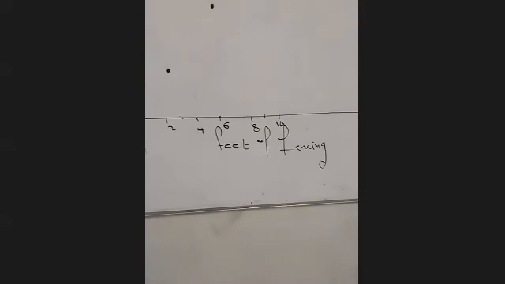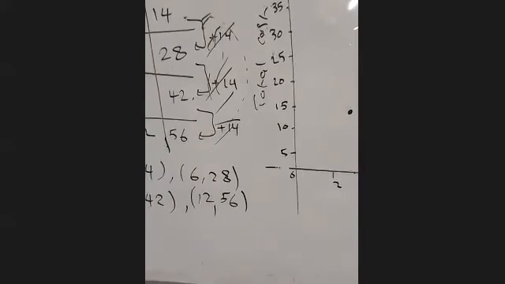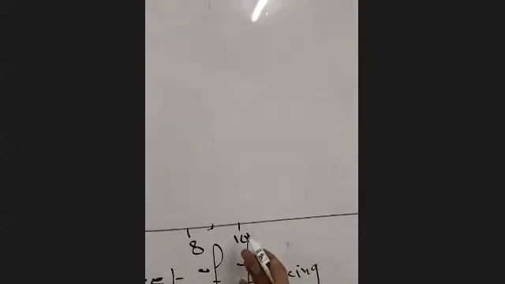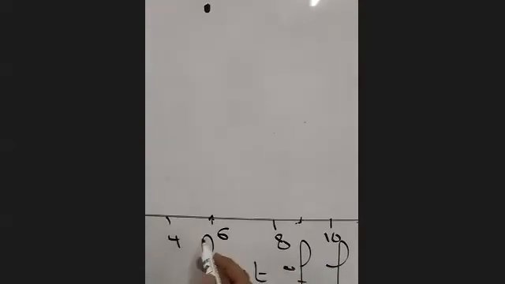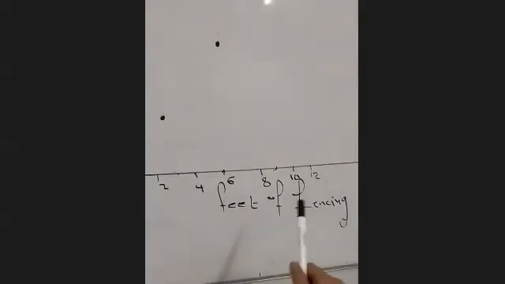Can you help me with the last one here? 12 and 56. Where will I go? After 10 by 2. Here, guys, I have 10, so I can take a little bit more because here I add 2's, right? 2, 4, 6, 8, 10. So I can put a 12 here. Now this is the 12 for the X.